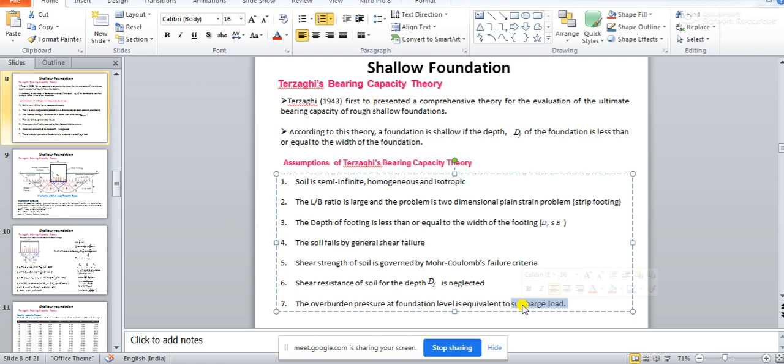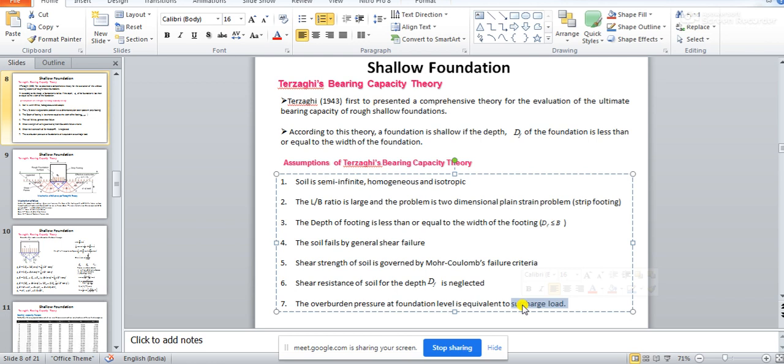See, surcharge load, if you want to understand properly, you should go back again to soil mechanics. In soil mechanics, you have read a chapter on effective pressure calculation, how to calculate effective pressure.